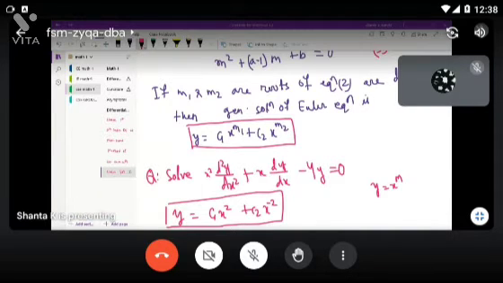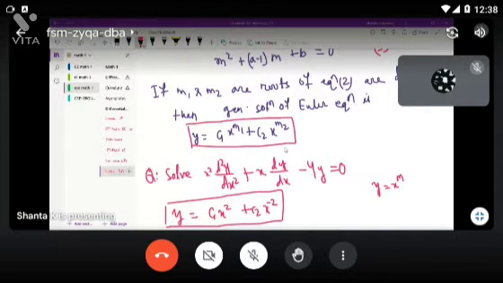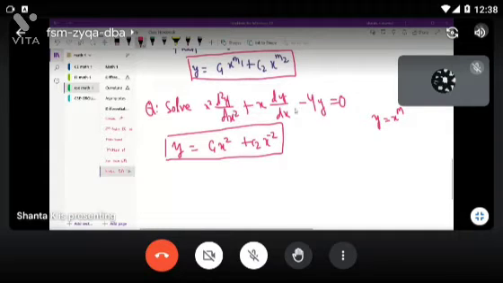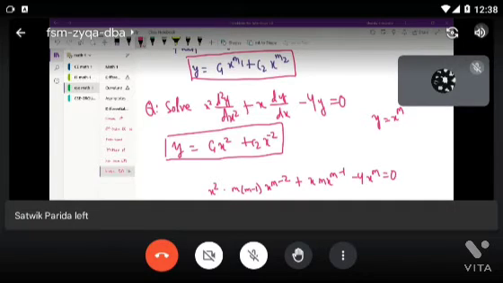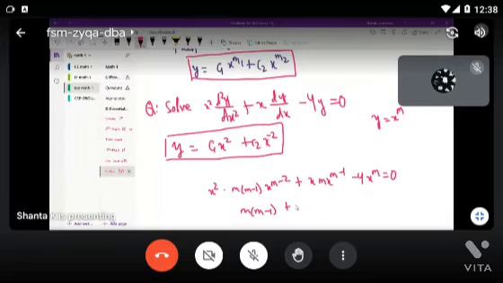You already know, right? I told you what to do for second order and first order. So the equation will be x squared m(m minus 1) x power m minus 2, and if you do the substitution, the first order term is x power m minus 1. If x power m cancels, we get m(m minus 1) plus m minus 4 equals 0.